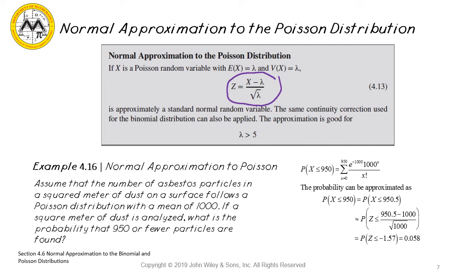Since this is still a discrete distribution which is converted into continuous, there is still a correction factor, and this is applicable when lambda is reaching 5.